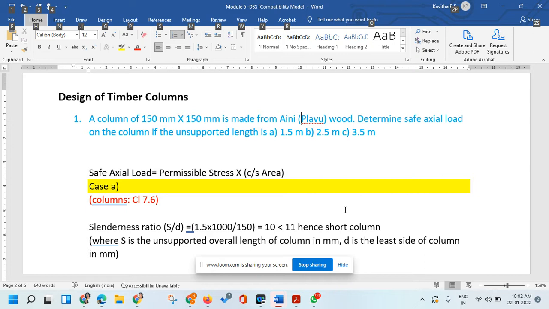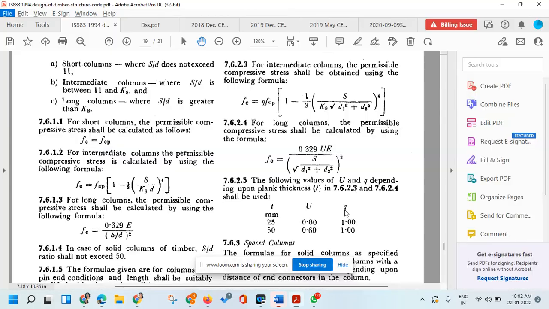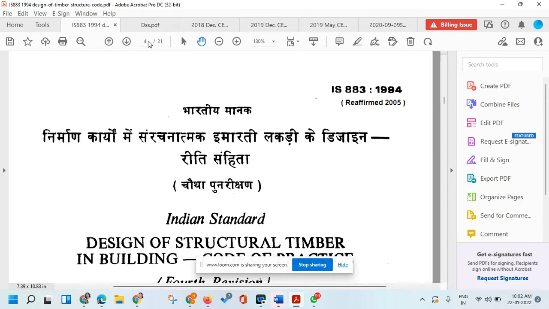Okay, so we shall proceed with the first case, that is the column is of length 1.5 meter and the cross section is 150 by 150 and the wood type is any wood or flower. For the design of timber columns, we will be following IS 883, 1994, the code for design of structural timber in buildings.